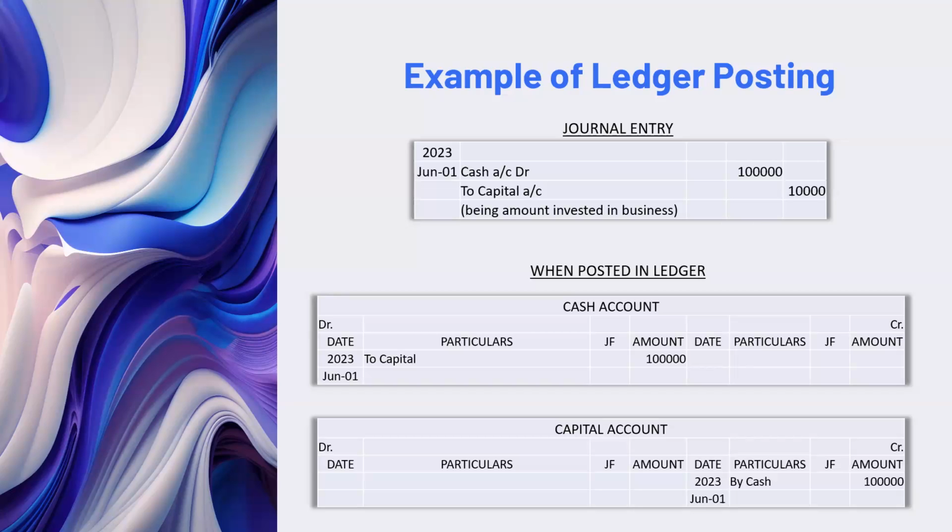Narration is done only for journal entry, not for ledger posting. So ledger posting will be done through journal entry only, right? Yes, exactly.